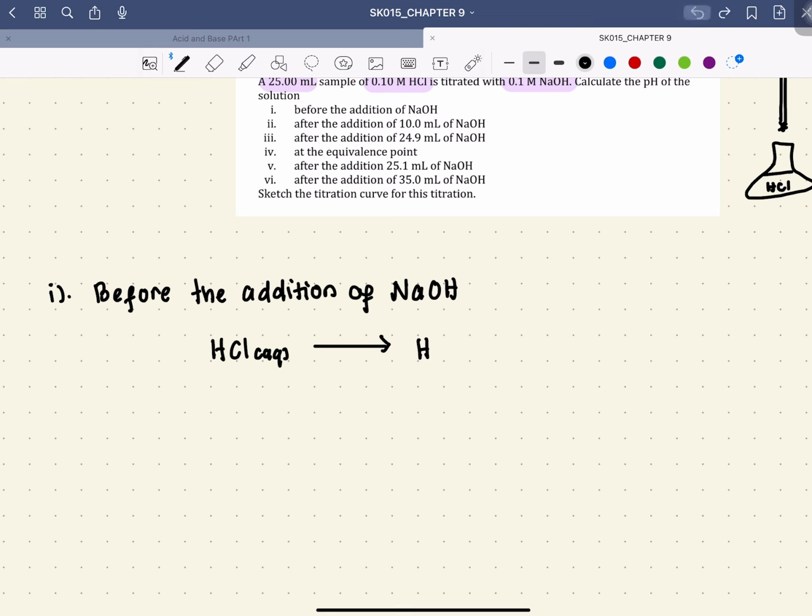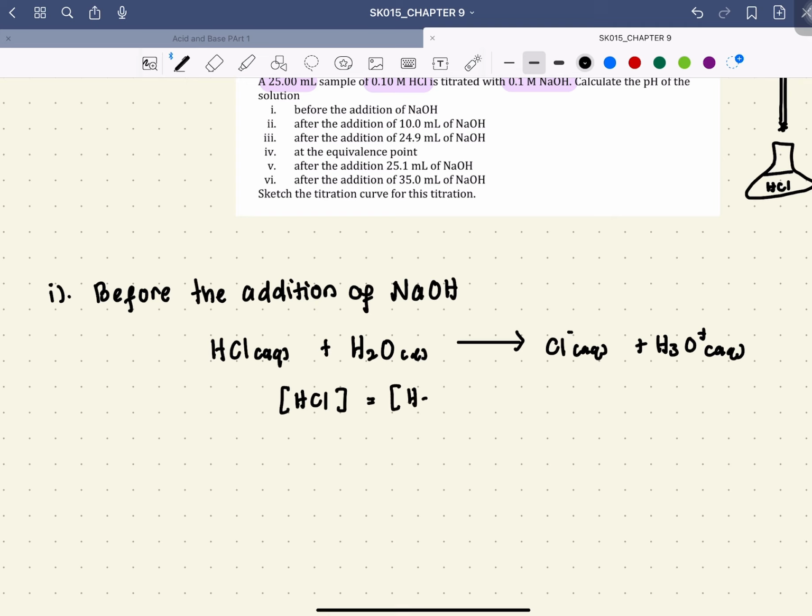For dissociation, don't forget to add water. So it will be 100% dissociated, and we're going to get this. Thus we know that the concentration of hydrochloric acid will be equivalent to the concentration of hydronium ion.